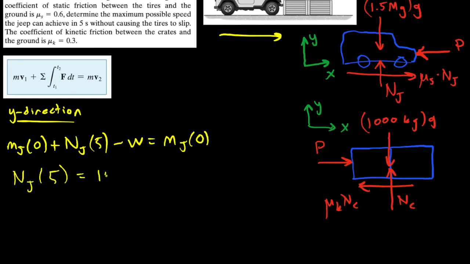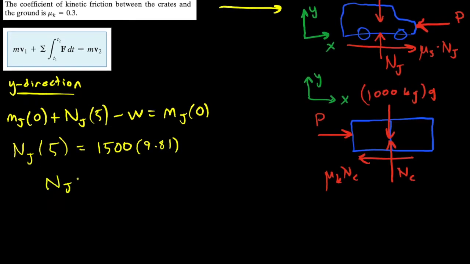So we have 1,500 kilograms, which is equivalent to 1.5 megagrams, times g, which is 9.81. When we solve this for N sub J, we get 14,715 newtons. So now let's solve this in the x direction.